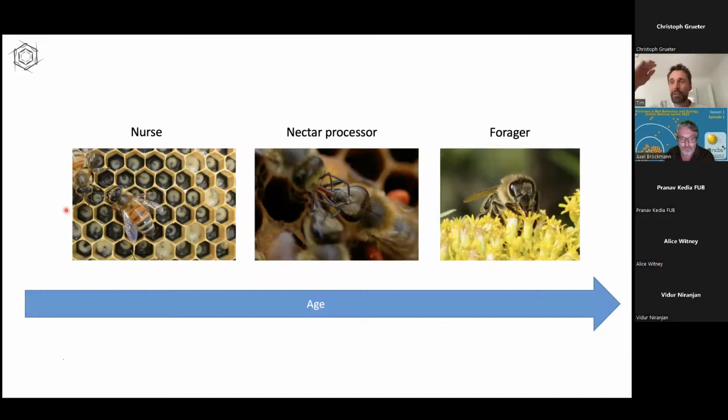And there are different levels of detail or scale, temporal scales, let's say. And on one of these scales, this question relates to the task a bee has, for example, being a nurse, so caring for the brood, feeding the brood, or processing nectar, or collecting nectar and pollen outside in the field. So these are task categories.